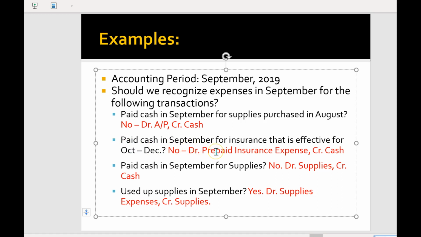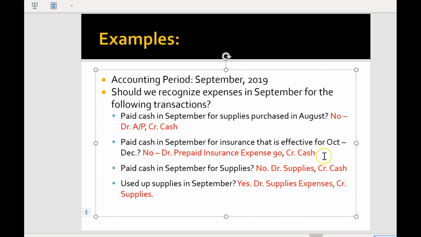So you purchase $90, I'm going to write this down. Okay, let's say this is debit prepaid insurance $90 and credit cash $90, right? So this is September that you are recording.